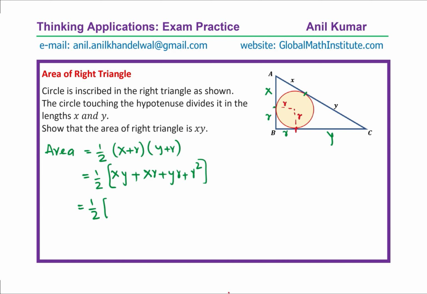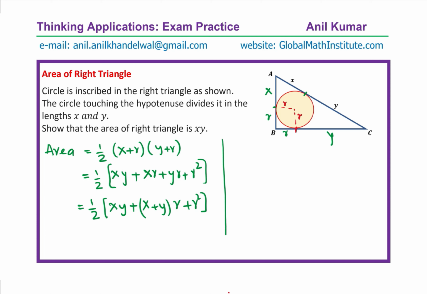So we have xy plus x is common, or rather, r common, so r times x plus y, plus r square. Now we need to show that this is kind of xy. How do we do that?